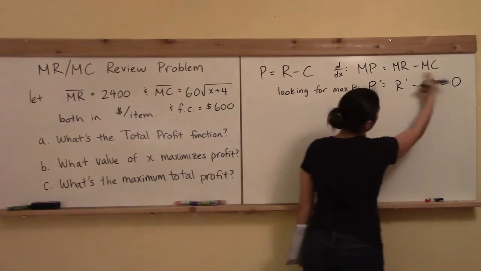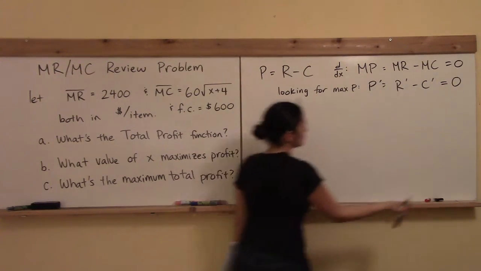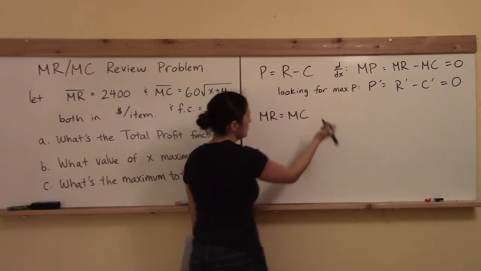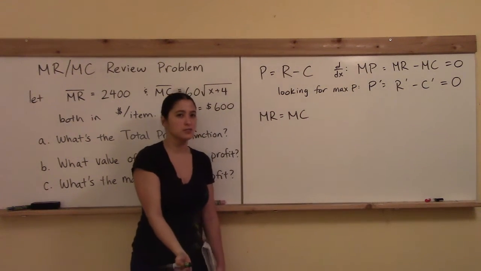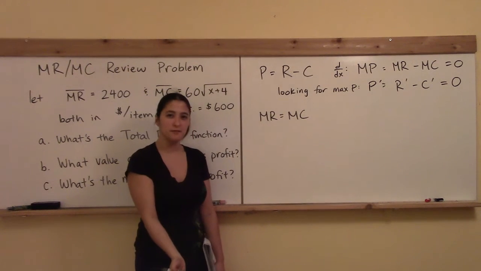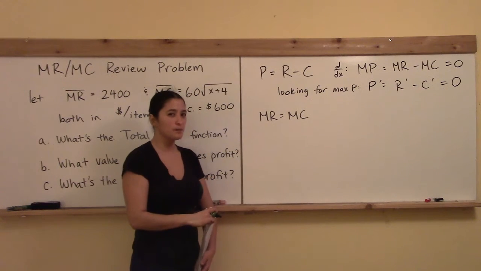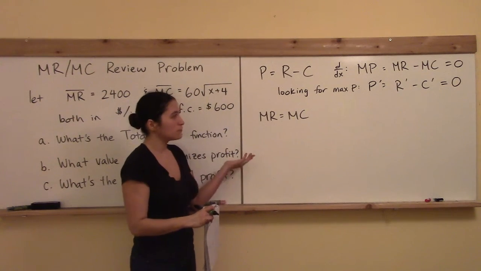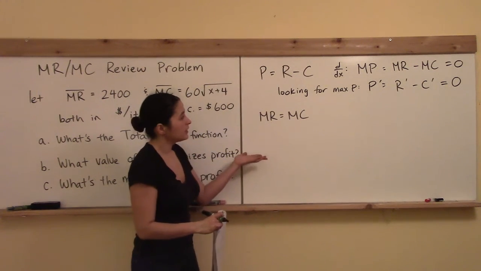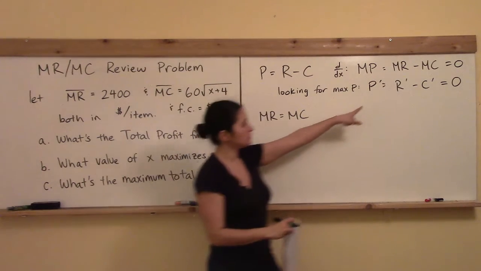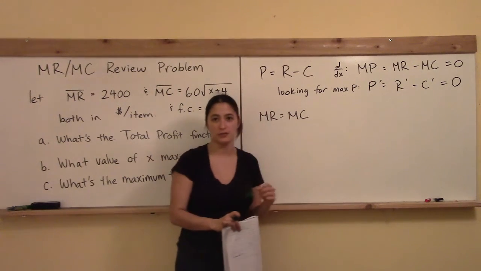That just tells me that this right here is equal to 0, right? And if you move MC to the other side, it just tells me that MR equals MC. Does that sound familiar? We actually went over this a while ago in the section on optimization. When you're looking for your optimal profit, it turns out that that's located at x values where marginal revenue equals marginal cost. And it's because of this reason right over there.